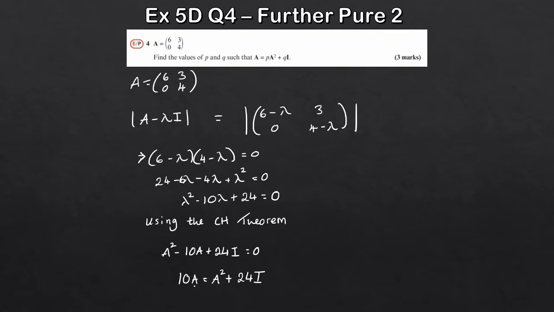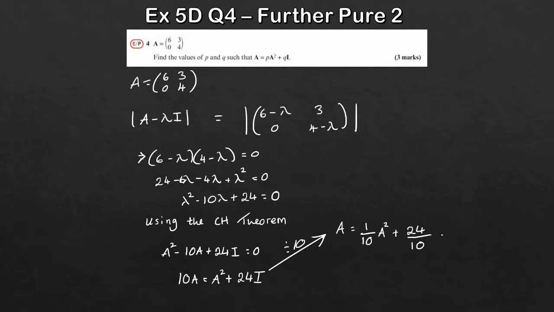And because we want it to just be A equals, this is 10A, all I'm going to have to do is divide by 10. Divide through by 10. What that'll give us is A is equal to 1 over 10 A squared, and then it'll be plus 24 over 10 I.